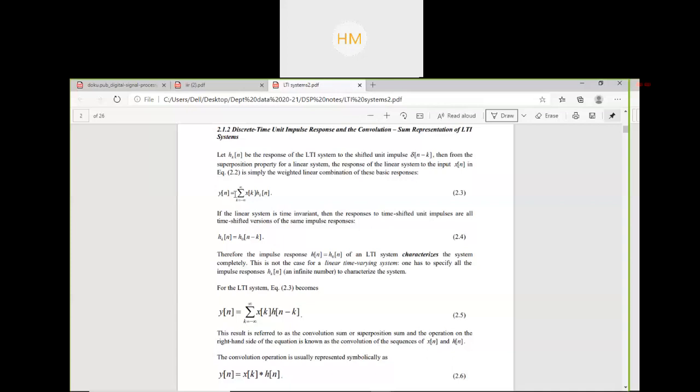But is it possible to multiply the things in the time domain directly? Yes or no?